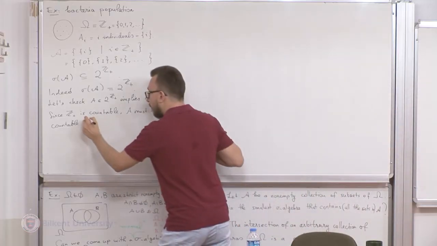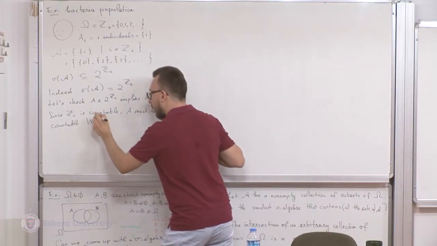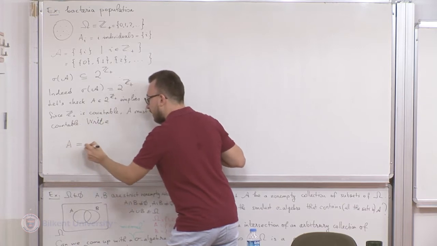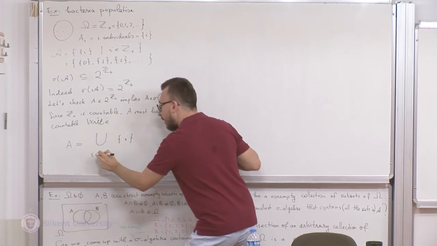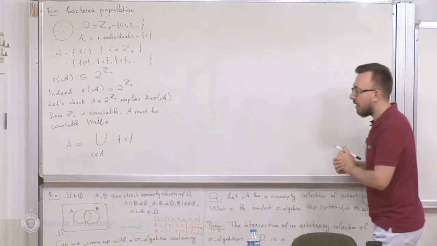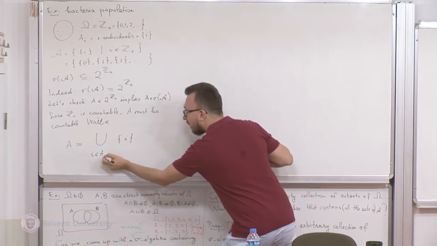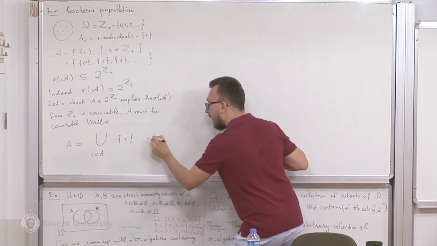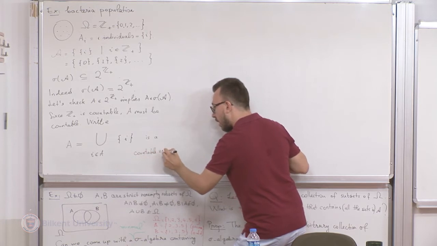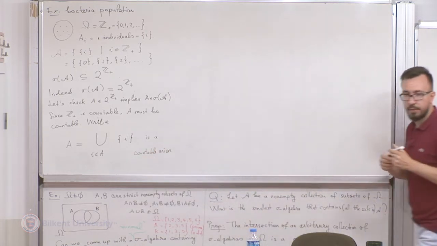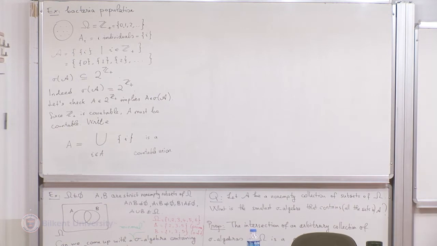So write A as the union of {i}'s, where i belongs to A. This is countable, so it is a countable union. I'm really using the fact that Z plus is a countable set. Okay? Don't do it with R. It's wrong.